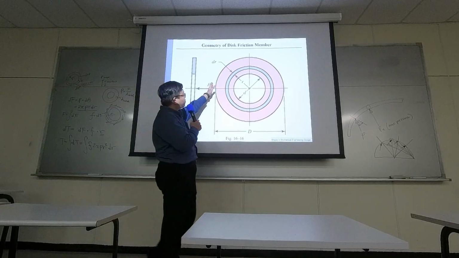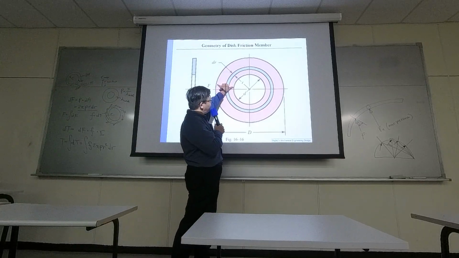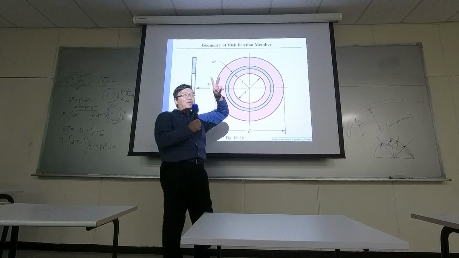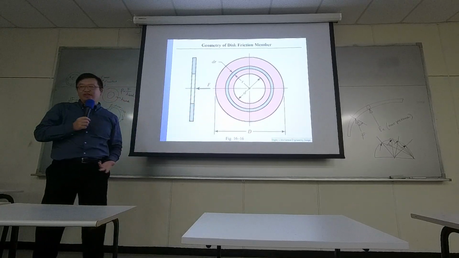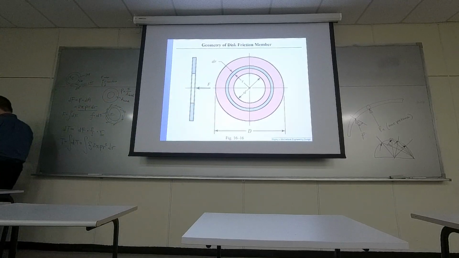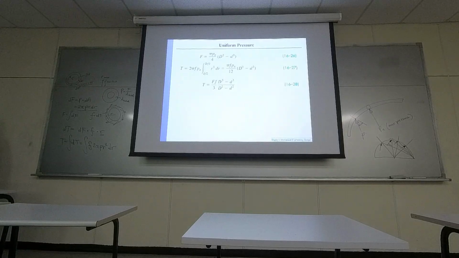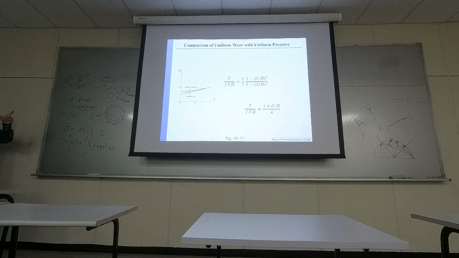However, if you have a wider thickness right here, then both models behave differently. So what's the reality? If I have a wider ring, is my brake going to wear uniformly, or is the pressure going to be applied uniformly? Probably in between. Okay? Probably in between.